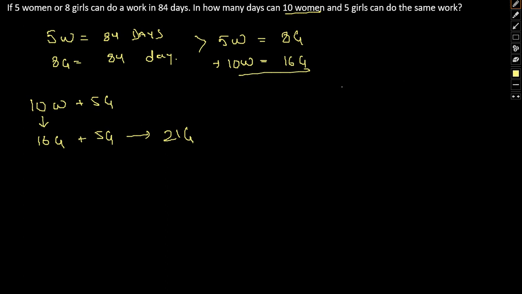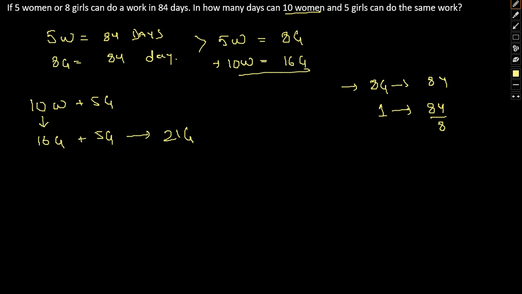Now we know 8 girls can finish the work in 84 days. So one girl, provided all of them have equal efficiency, can finish the work in 84 by 8 days.